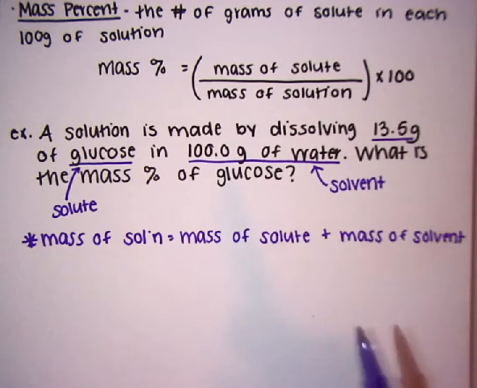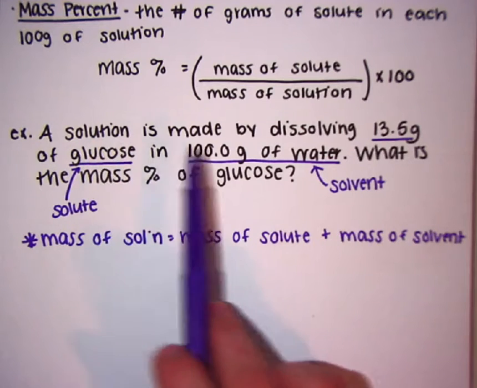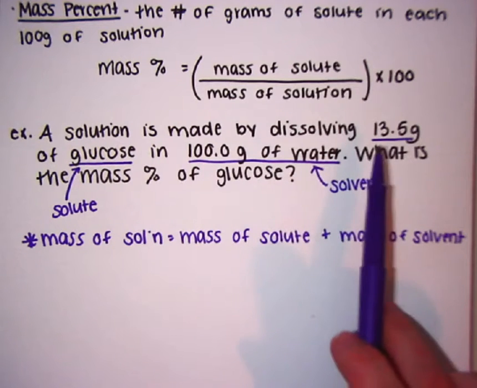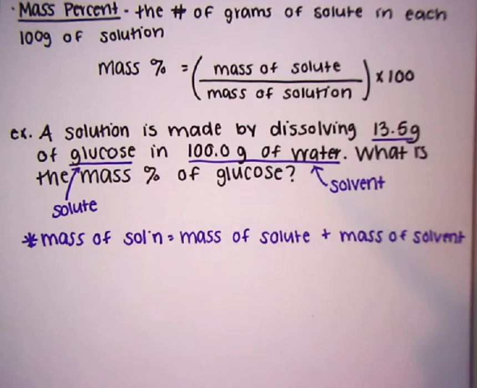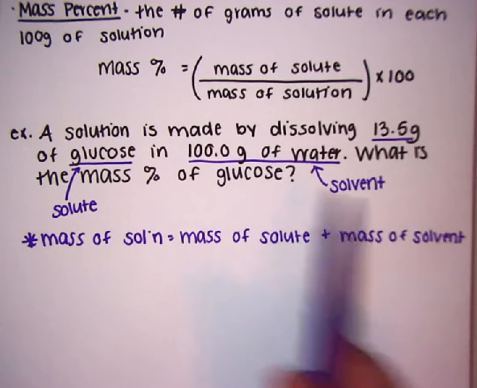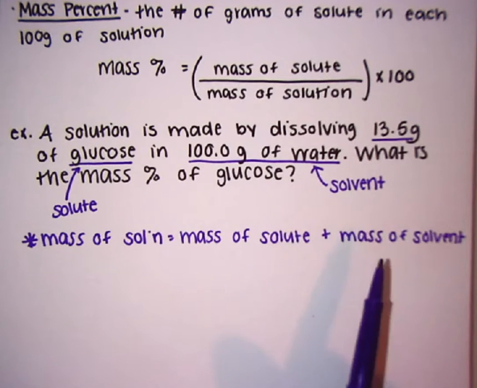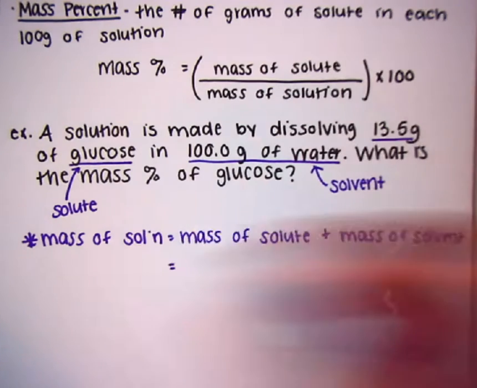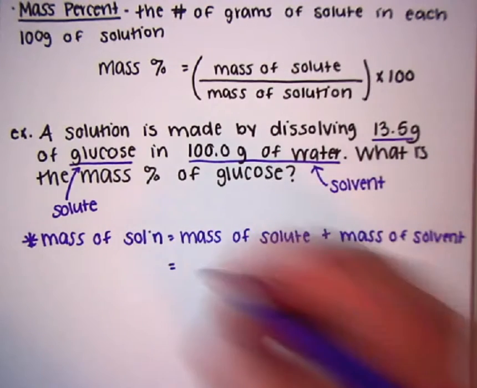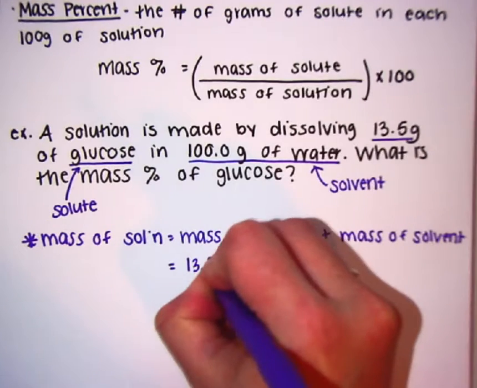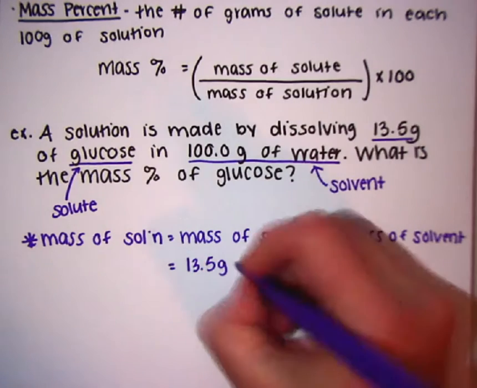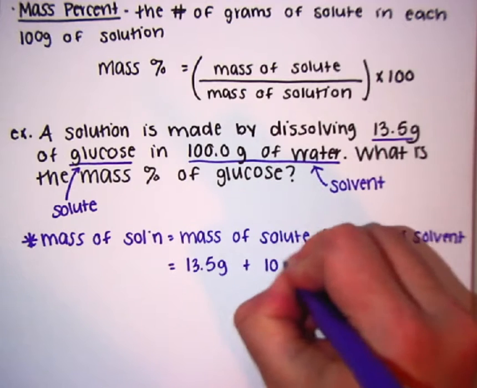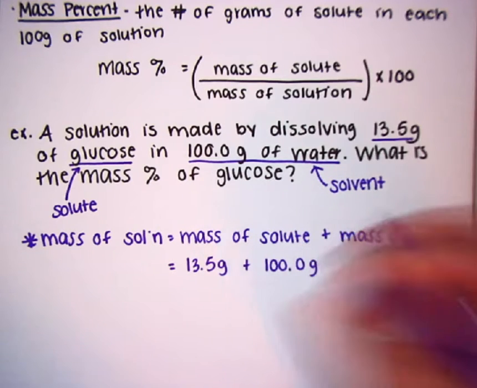If it said a 100 gram solution is made by dissolving 13.5 grams, that would be the mass of your solution. If it gives you the mass of the solvent, we need to do solvent plus solute. So the mass of my solution is 13.5 grams plus the mass of my solvent, which is 100.0 grams.